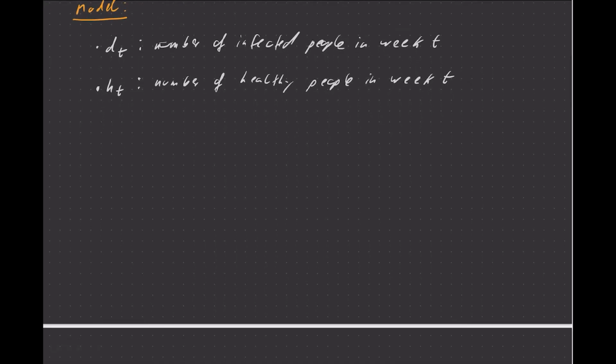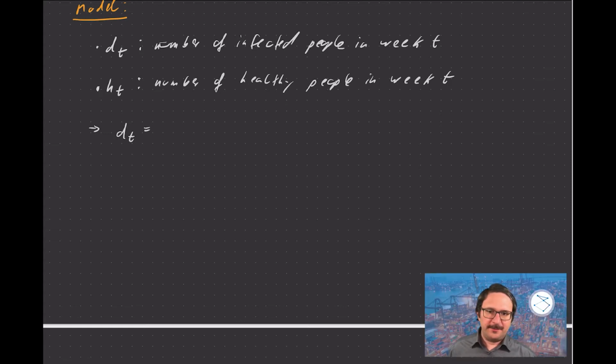And now we can capture the dynamics that we assume, the infection rate and the cure rate. We can capture that in simple equations. What we have then is the development of the population that contracts the disease, the infected people. Well, how many are those for a given week t?